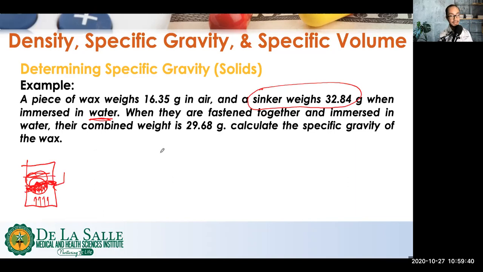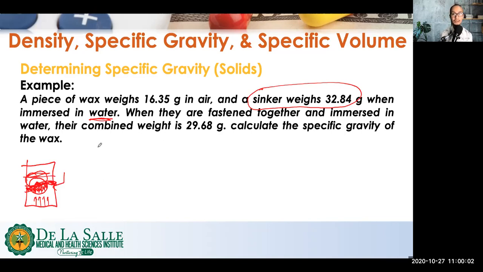So let's take for example this one. A piece of wax weighs 16.35 grams in air and a sinker weighs 32.84 grams when immersed in water. When they are fastened together and immersed in water, their combined weight is 29.68 grams. Calculate the specific gravity of the wax.